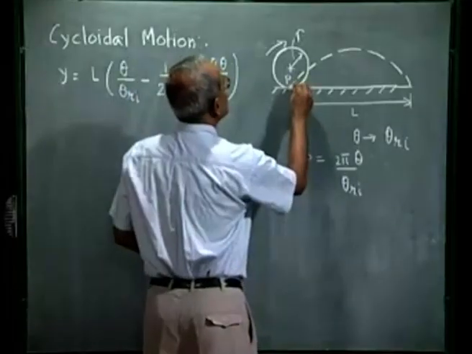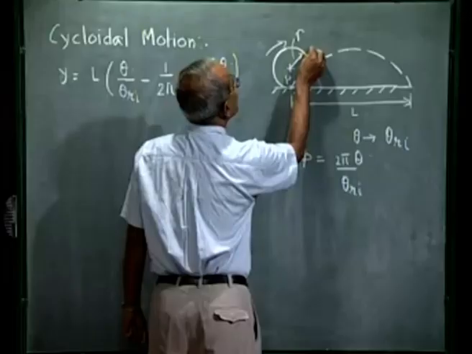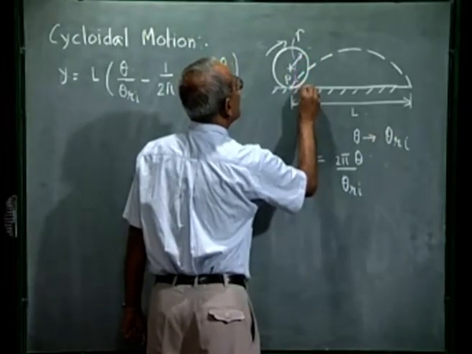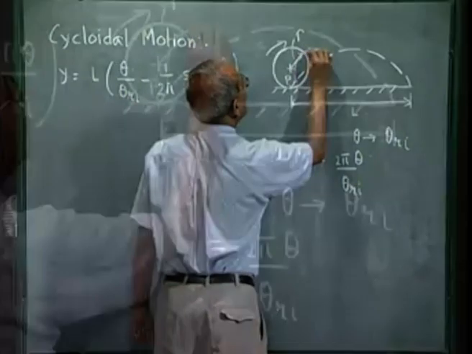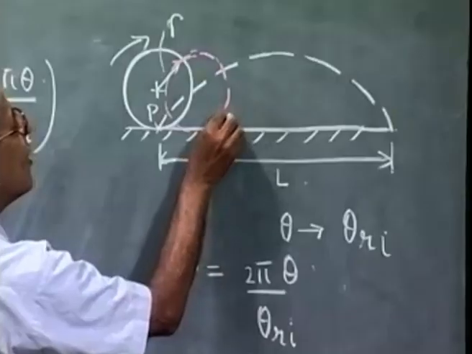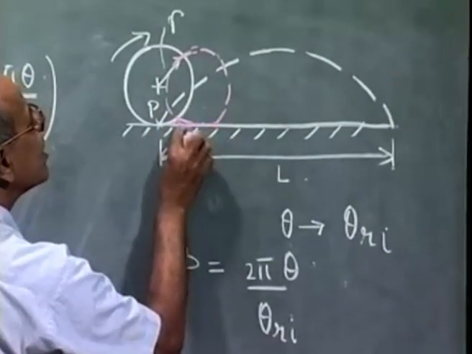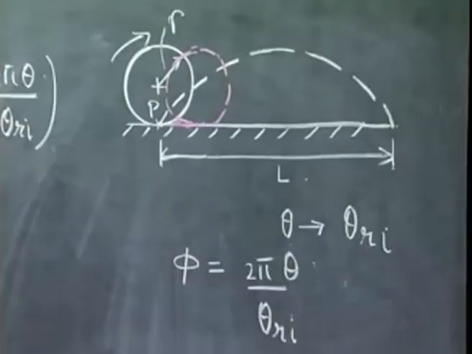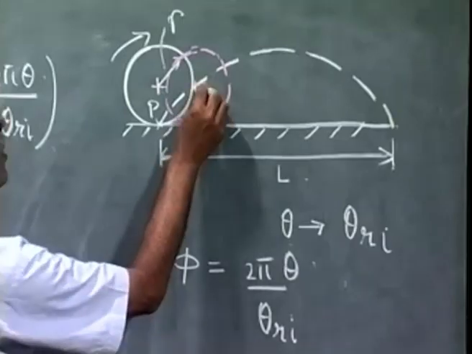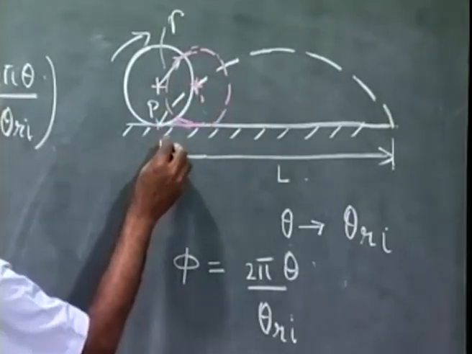Now, due to this rotation, let us say it is rotated by phi and the wheel has taken up this position. The wheel center has moved so much, and this point P has come here.